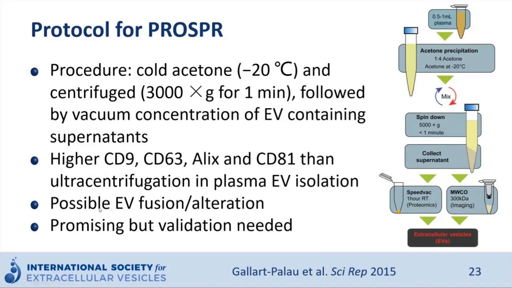But past publications suggest that the recovery rate of ProSPR tends to be lower than other methods, while it may cause EV fusion or affect EV physiology. Indeed, this is a promising method in the EV field that warrants further validation.